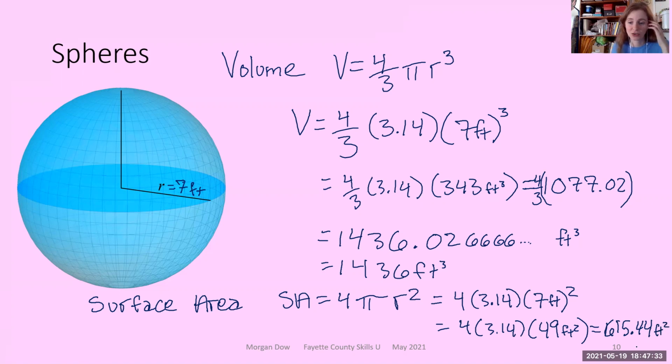We're talking area here. So if you were trying to cover this sphere in wrapping paper, you would need 615.44 square feet of wrapping paper.